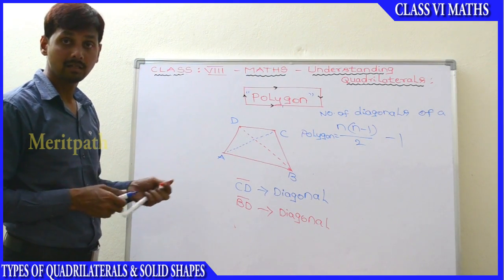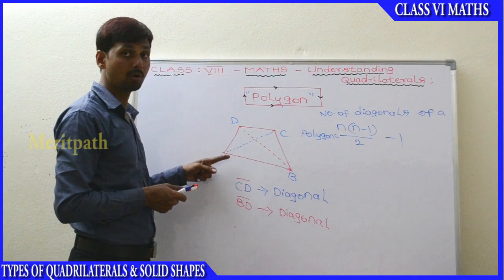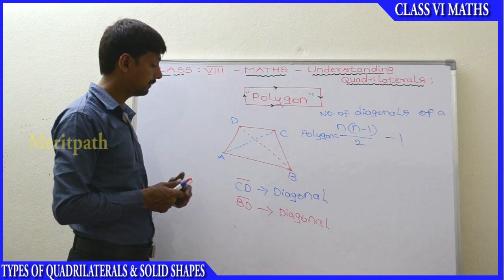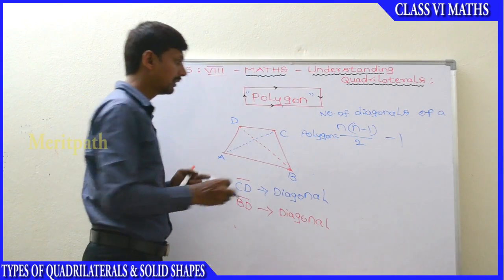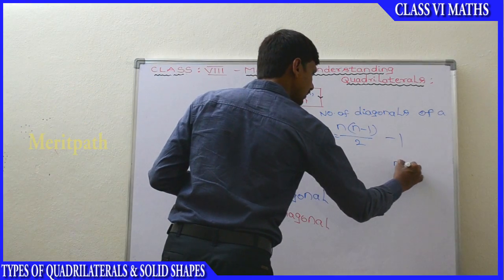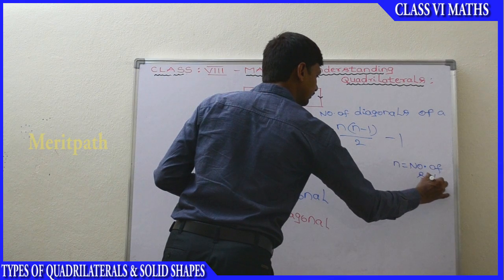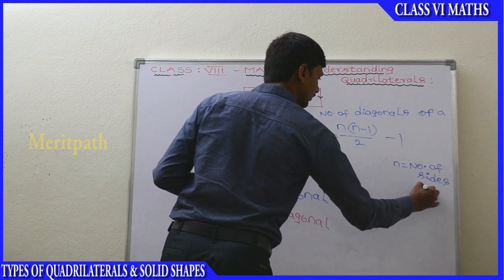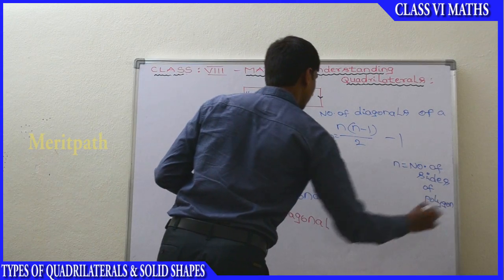Let's verify how we get the number of diagonals for a quadrilateral. Here n is nothing but the number of sides of that particular polygon we have taken.